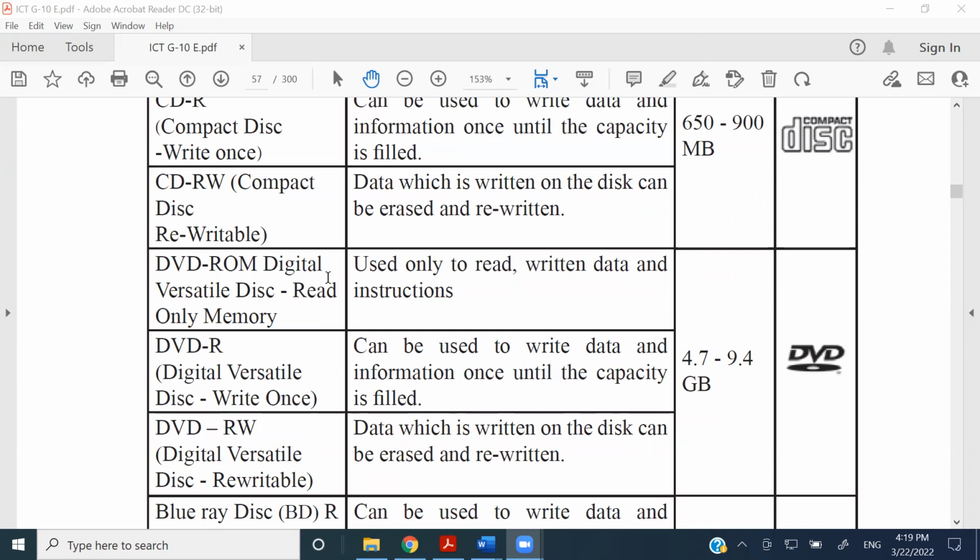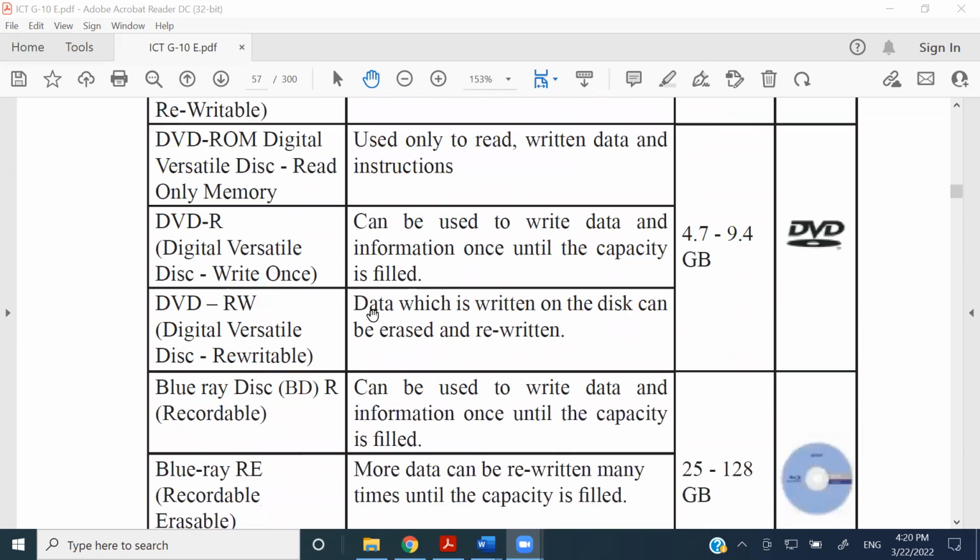A CD has capacity in megabytes, and a DVD stores data in gigabytes, right? And there are DVDs where we can store the data on both sides of the DVD, like a platter, right?